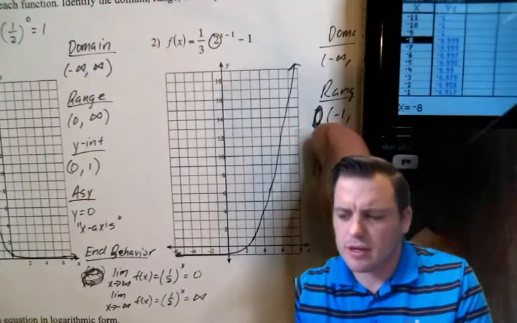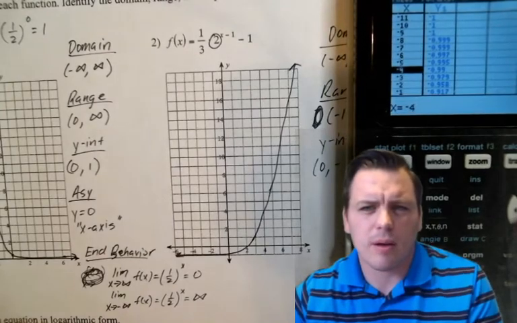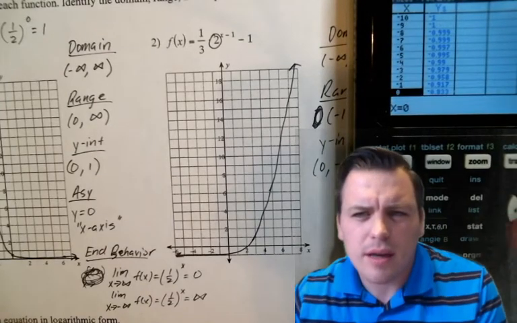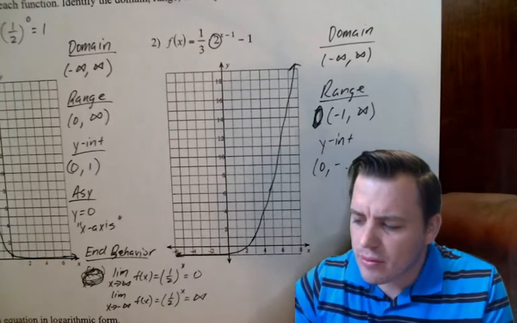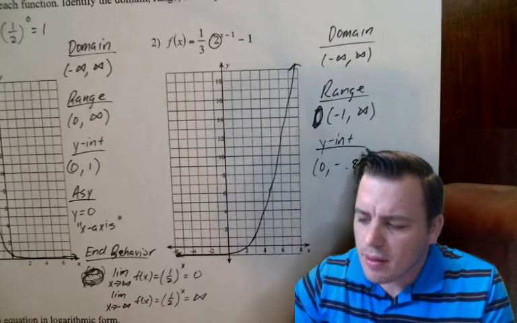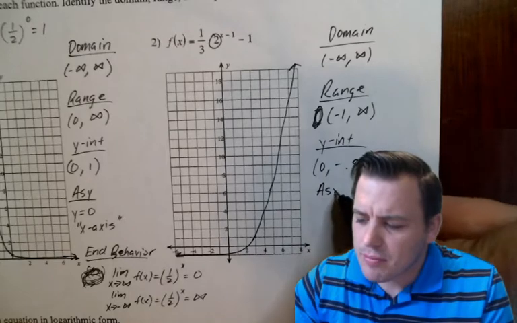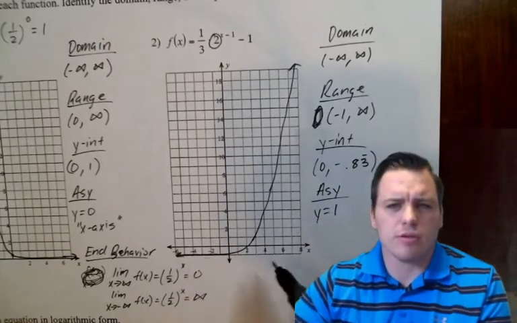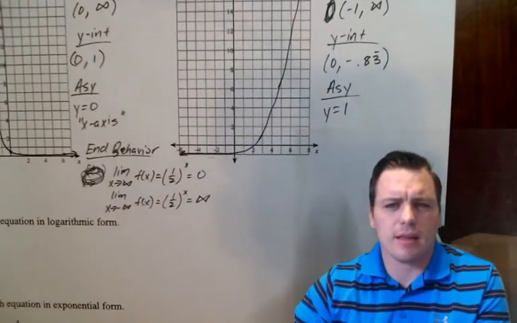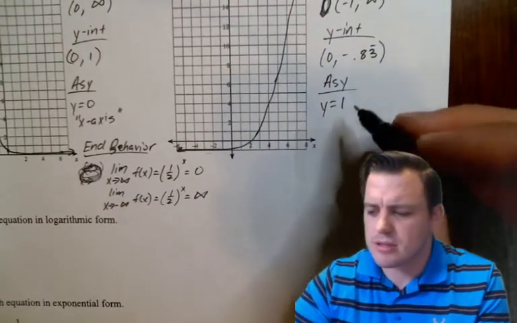I'm fine with you using your calculator to get the table for a problem like this. When x is 0, it is negative 0.83. Your asymptote is going to be at y equals -1 because that's what it's approaching. Remember, an asymptote is a line the graph approaches but doesn't touch.